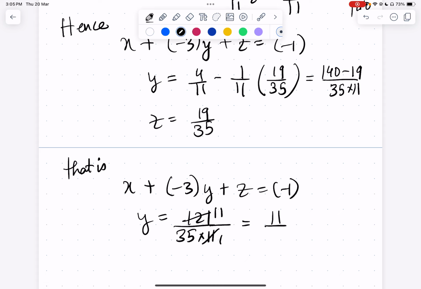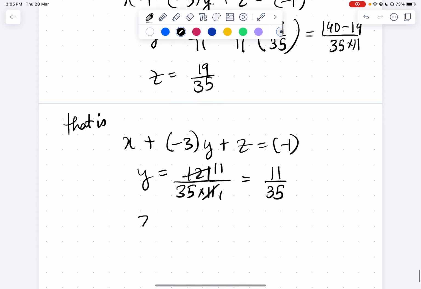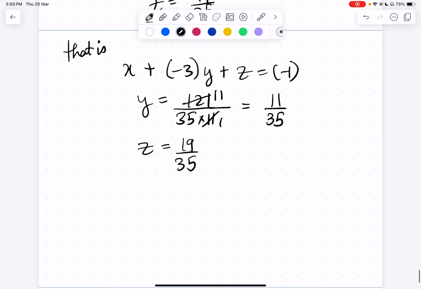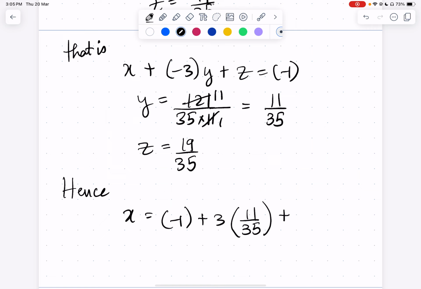So you get 11 by 35. Y is 11 by 35. Z is 19 by 35. Hence x equals minus 1. So let's write here x equals minus 1 plus 3 times 11 by 35 plus minus 19 by 35.